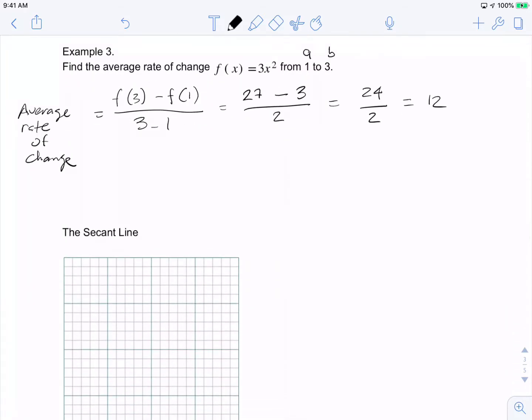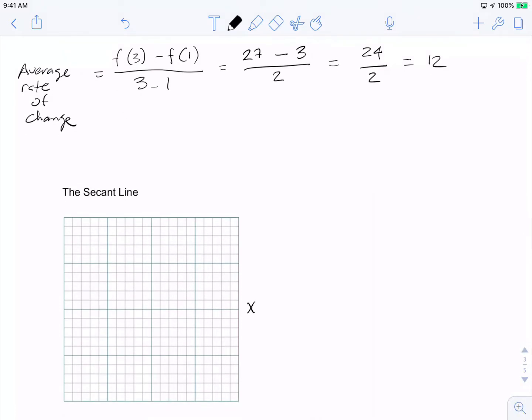Let me show you in an example kind of what I mean by that. So I'll draw this for you, but it's going to fall off of the graph, unfortunately, because it's such a big value. 3, 27 would be way up here, right? Way up there. And then 1, 3 would be somewhere around there.